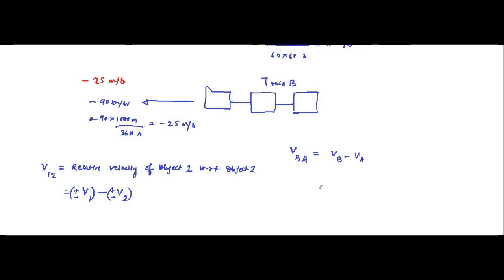So we'll put the sign here. VB is minus 25 meters per second, because it is moving towards the left, towards the negative x-axis. That's why minus, magnitude is 25. This is VB part. Then minus, then what is VA?